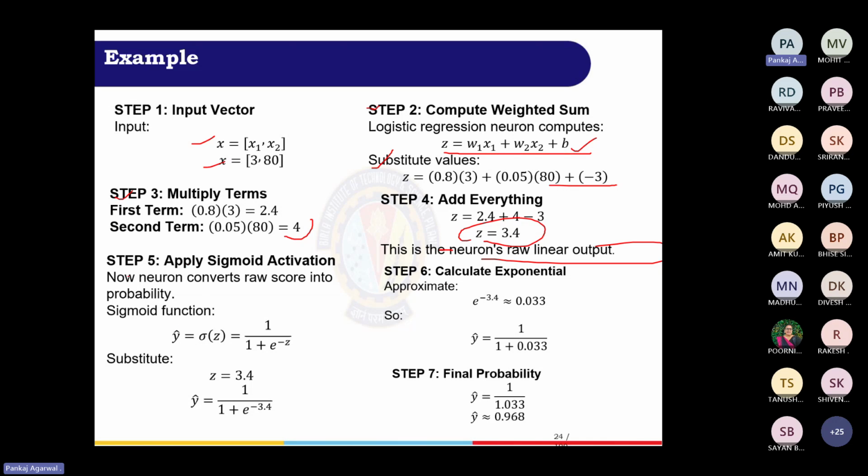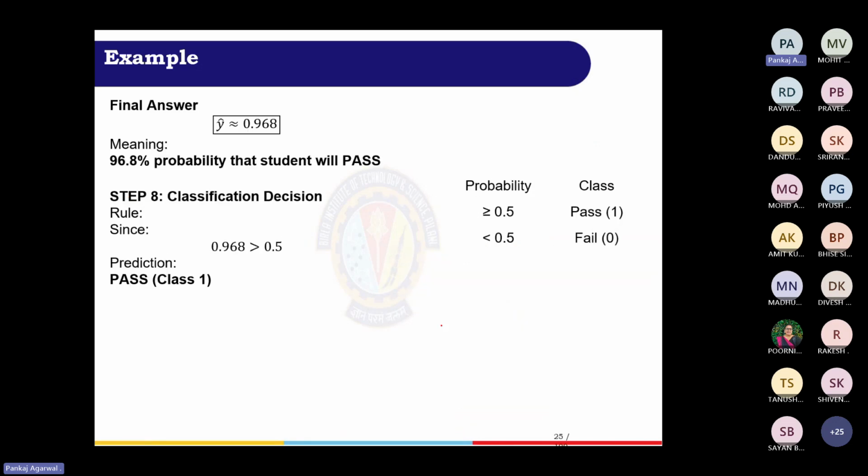Then you apply the sigmoid function and you get some value. You calculate the exponential part and everything, and then you get the final probability, something like this. So the final answer, suppose, is this.